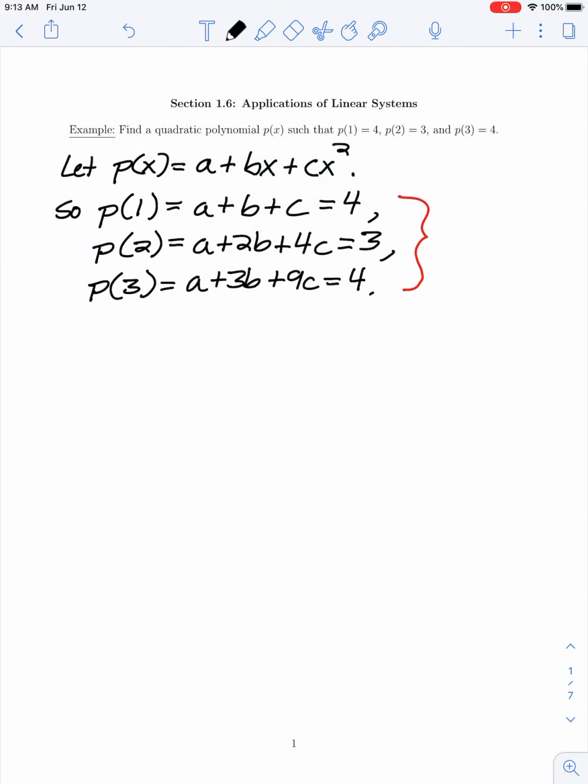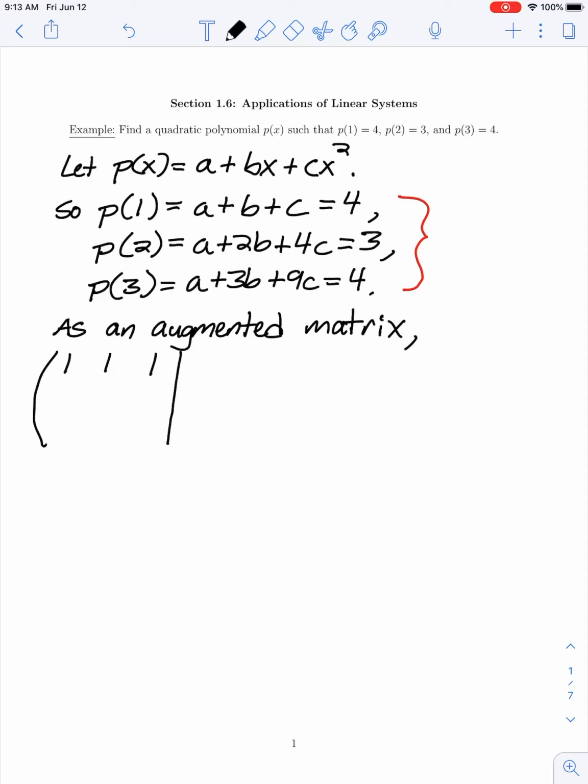In order to solve this, we could express it as an augmented matrix. For our first equation, the coefficients of a, b, and c are 1, 1, and 1, and a plus b plus c has to equal 4. For our second equation, we have 1a plus 2b plus 4c equals 3.